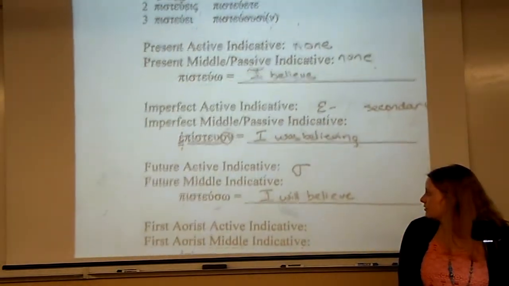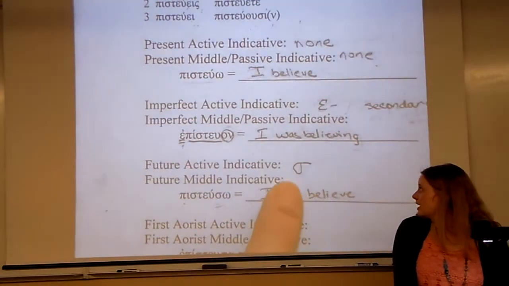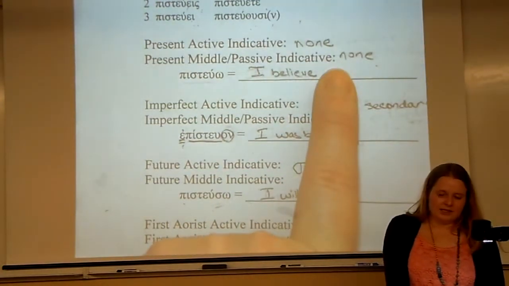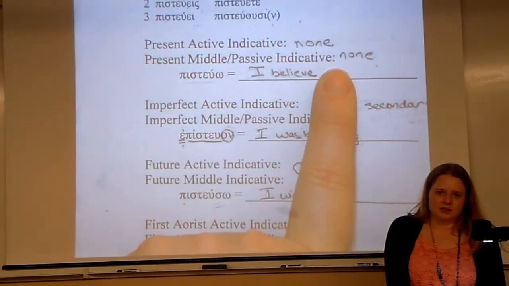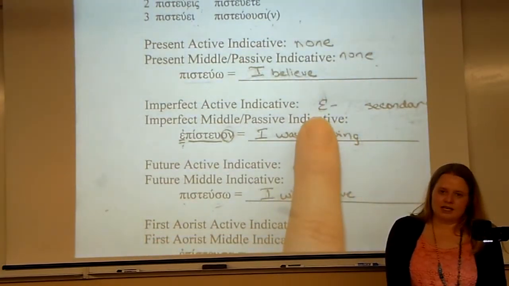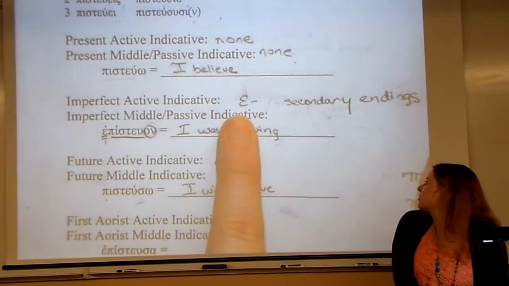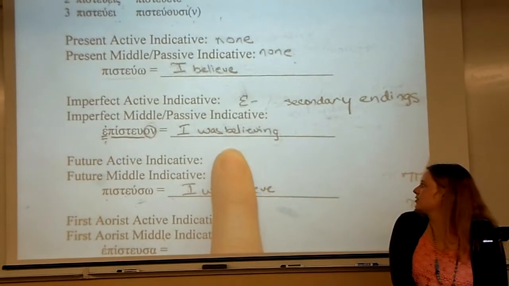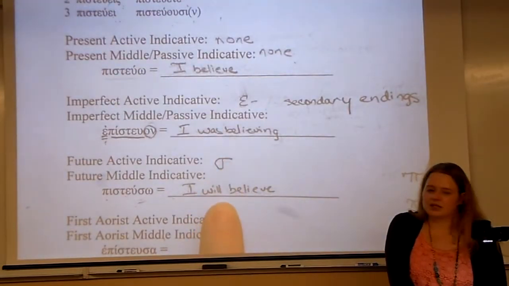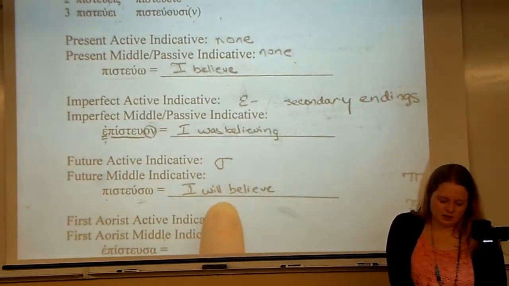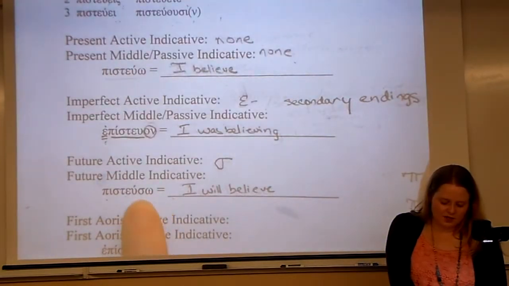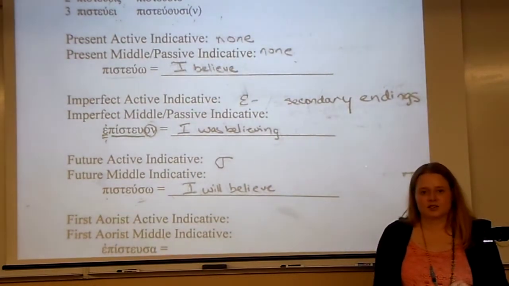The thing that I would focus on for right now is these different indicators. In the present active indicative, I just have to know them. There's nothing special. In the imperfect, I get an epsilon augment and I get secondary endings. That's what's helping me recognize it. I was believing. In the future, you get the sigma from the future in the middle. Pisteuso, so I will believe. That's the characteristic that you're looking for.